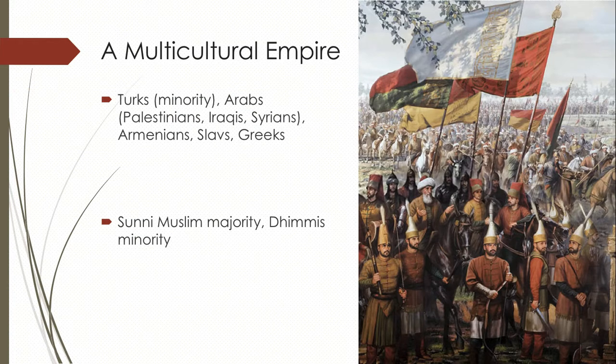Okay, so the next thing we need to consider is that, like caliphates before them, and like so many other gunpowder empires, land-based or maritime empires, this is a multicultural empire. It was not just Turks. So Turks are ruling the Ottoman Empire. They are a minority, however.